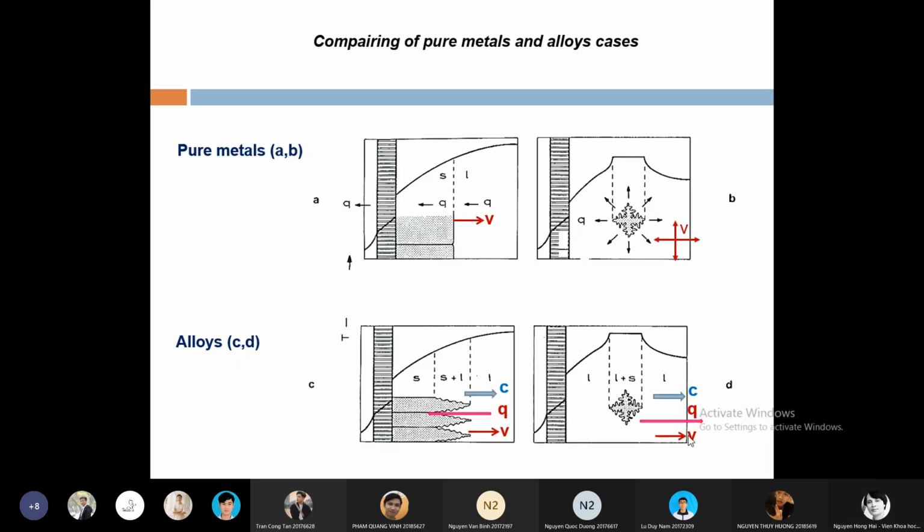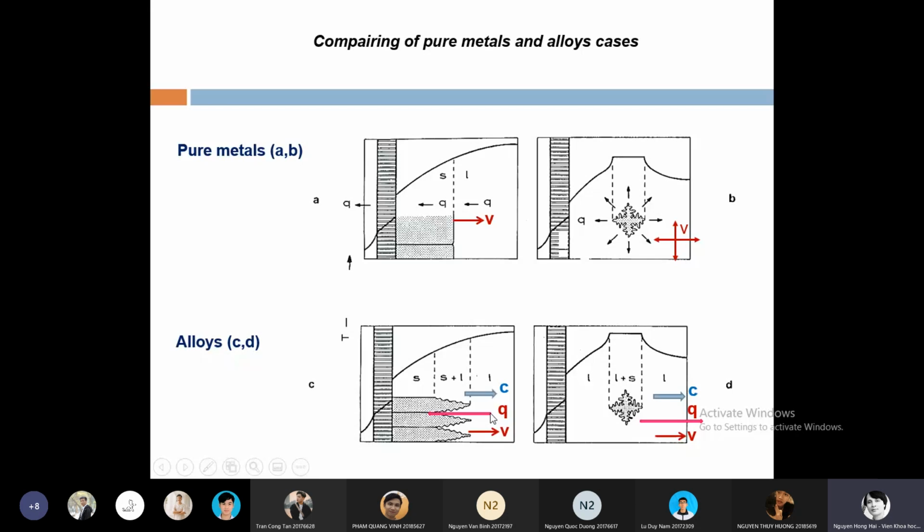See, in this case, the direction of heat flow is changed from liquid to solid to solid to liquid. We have the same direction of flow: diffusion, heat, and growth, the same direction.